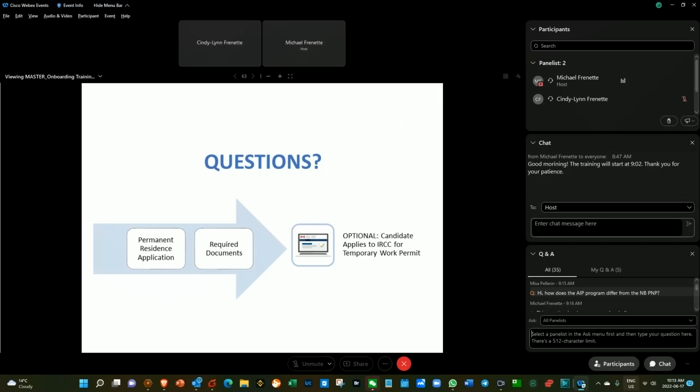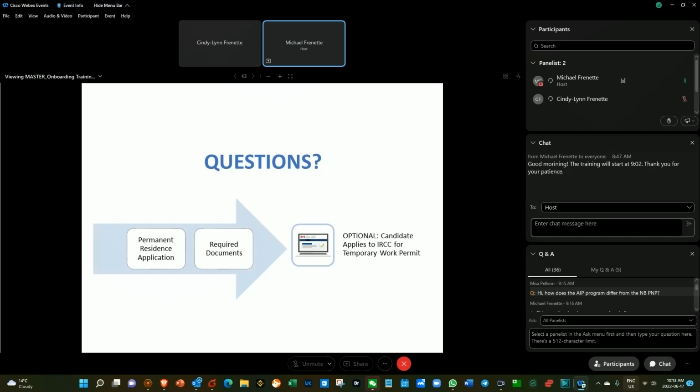So Aaron asks, if the candidate is already in Canada with a work permit, they do not need to supply proof of funds. Correct. Biometrics are not submitted with the original application. They are submitted afterward.